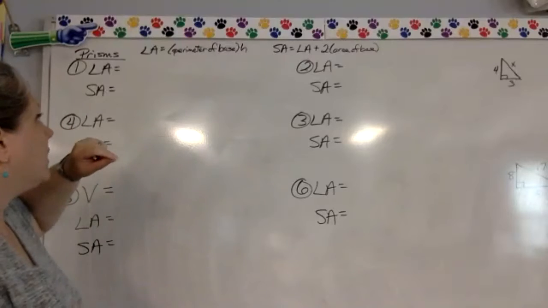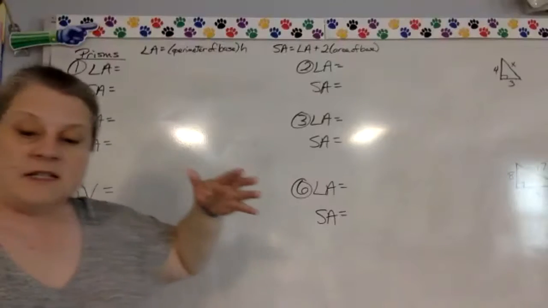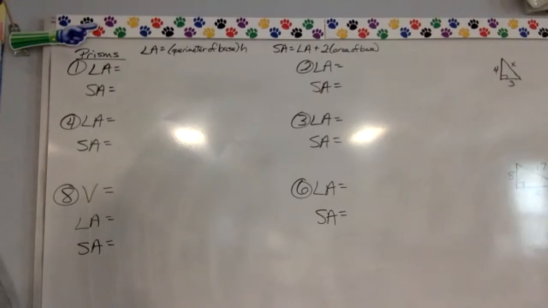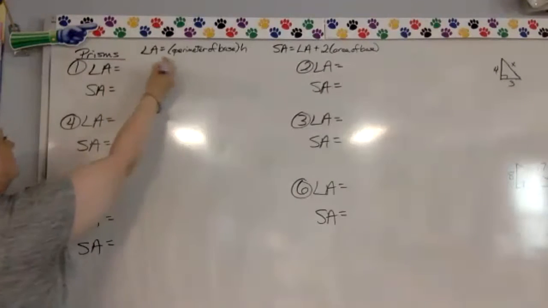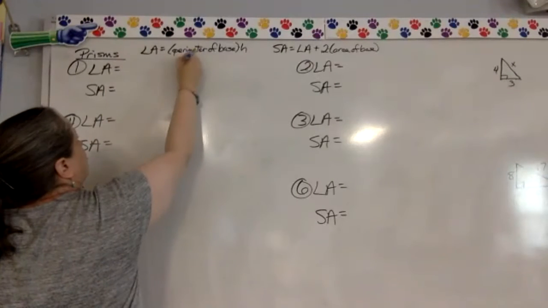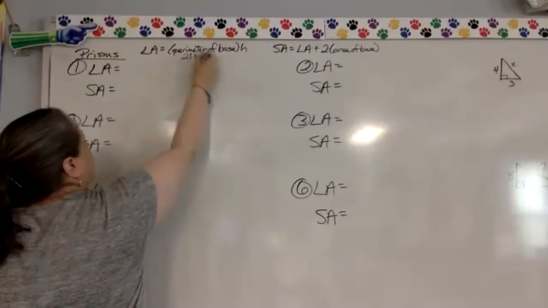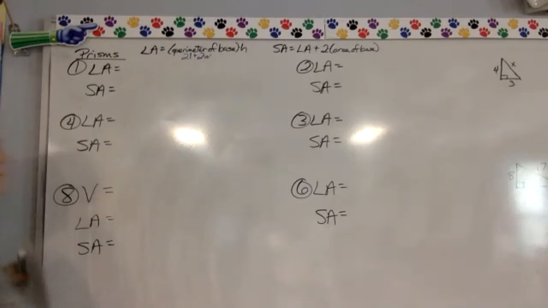So the perimeter of your rectangle, does anybody remember the formula for the perimeter of a rectangle? Nobody remembers that. Perimeter of a rectangle is 2 times the length plus 2 times the width.